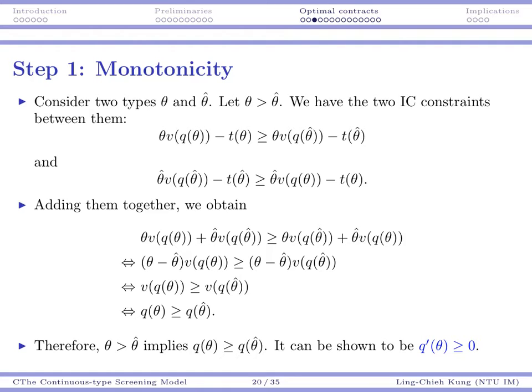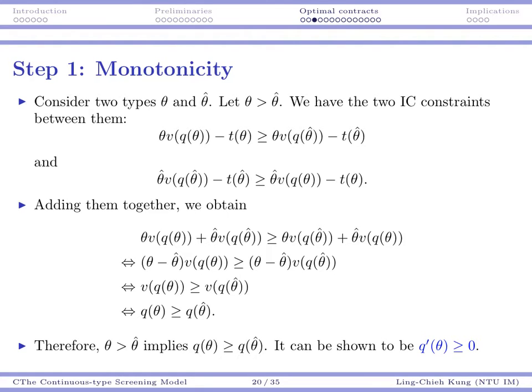And finally, because V is monotonely increasing, if V of Q of theta is greater than V of Q of theta hat, then your Q of theta would be greater than or equal to your Q of theta hat. So as a conclusion, if your type is higher, then the quantity offered to you would also be larger.